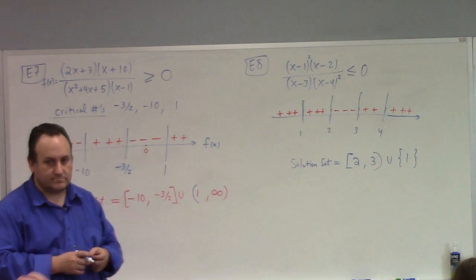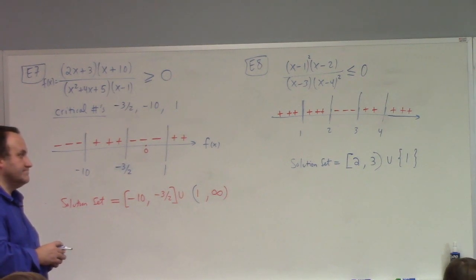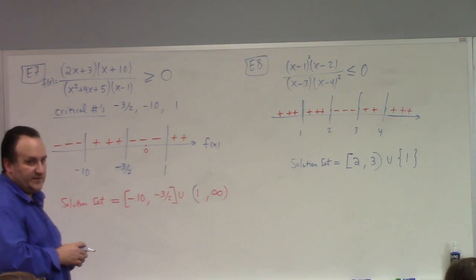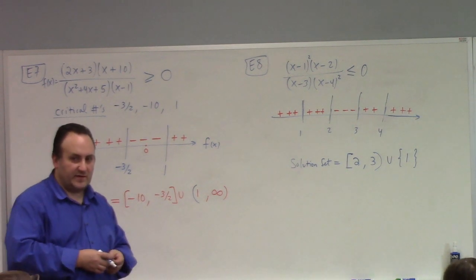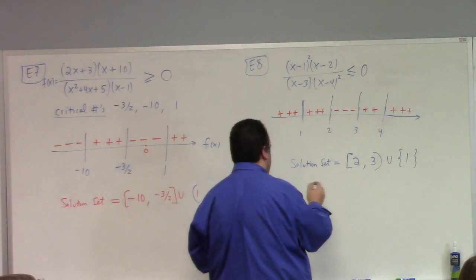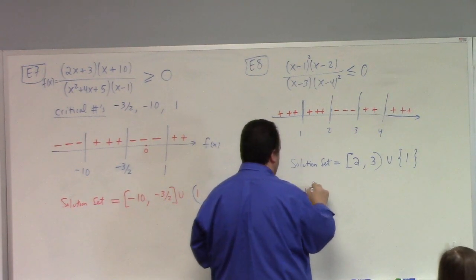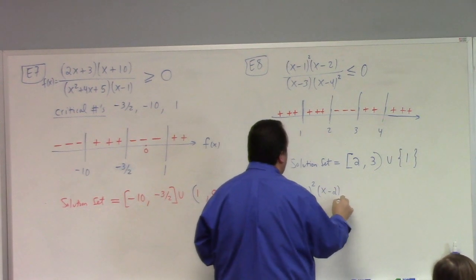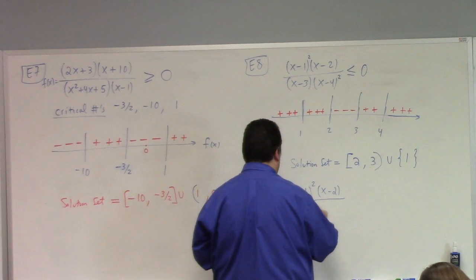And we're including the 1 because we know it's a critical number. Because it makes the expression 0, and we're solving less than or equal to 0. So anything that makes it equal to 0, we have to include in our solution set, even though it's not touching the negative part. Now, if we instead were solving this, same expression, but suppose we just put less than 0, what would the answer be then?